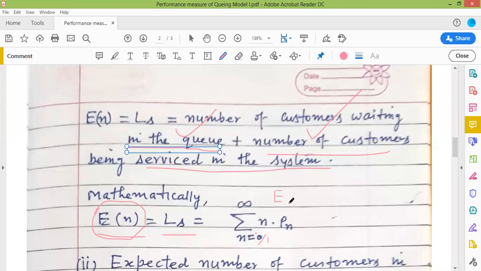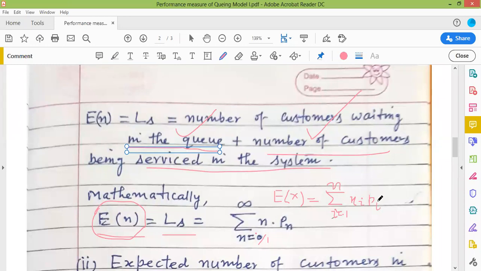Expected x, and this is a very popular formula we have explained time and again: the sum over i, where i is ranging from 1 to infinity, or 1 to n, whatever it is, of xi times pi. This is the mathematical expectation.